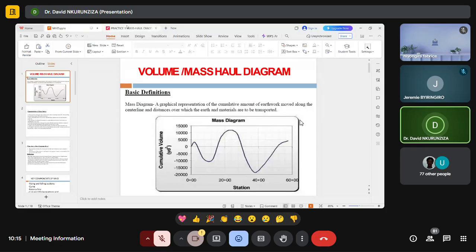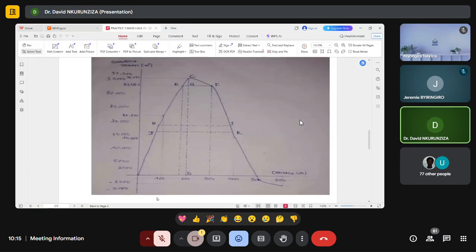So if I use, for example, this diagram of the students, here we are having only one peak, which is C. We don't have a valley, but you have one peak. Our peak is C. We are changing from this cut to the fill.